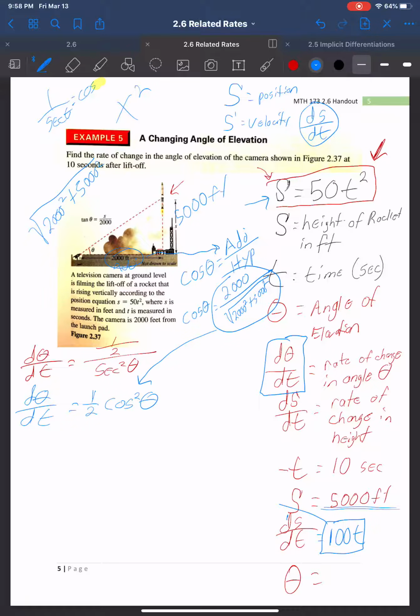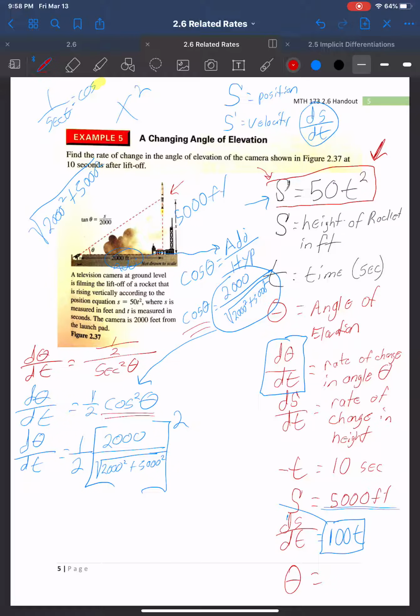So d theta dt is equal to 1/2 multiplied by 2,000 over the square root of 2,000 squared plus 5,000 squared, and wait a minute, why am I about to put a 2 here? Because if cosine of theta is the following fraction, then I don't have cosine, I have cosine squared. So I need to square that. At least that radical is going to disappear.